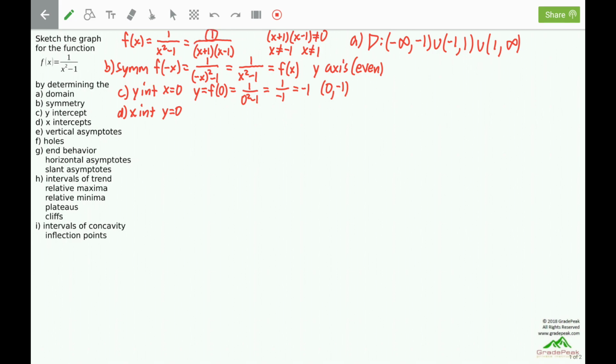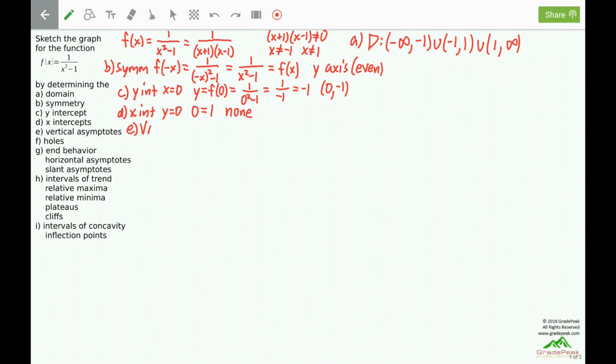Comparing the numerator to the denominator in the original function, there are no factors that will cancel. If there were, those would potentially be holes in the graph. We can now take y, which is f of x, set it equal to 0 and set it equal to the numerator of the function, which is a 1, and solve for all x's. There are no x's to solve for, so for x-intercepts, there will be none.